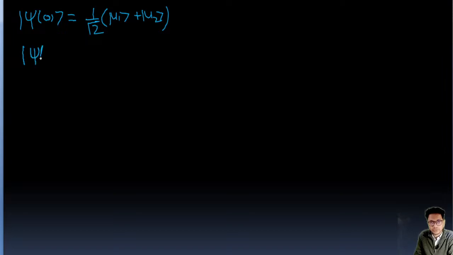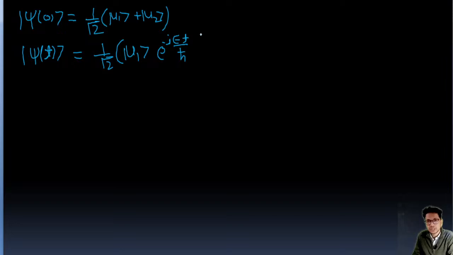Let the shortest time be t. So psi t is going to be 1 upon root 2 [u1 e to the power minus iota e1t upon ħ plus u2 e to the power minus iota e2t upon ħ]. So this is the psi t.